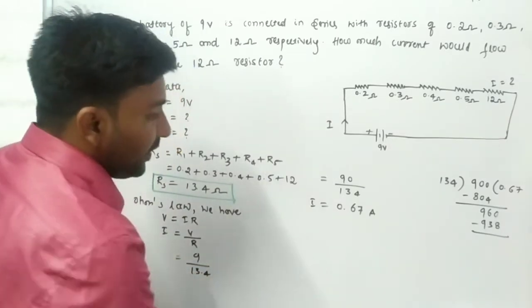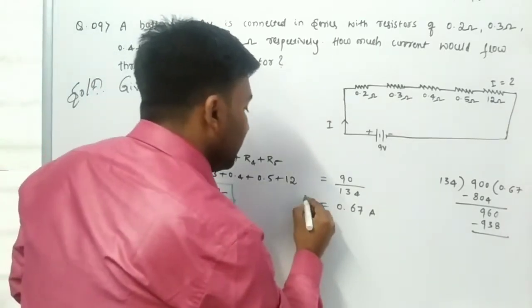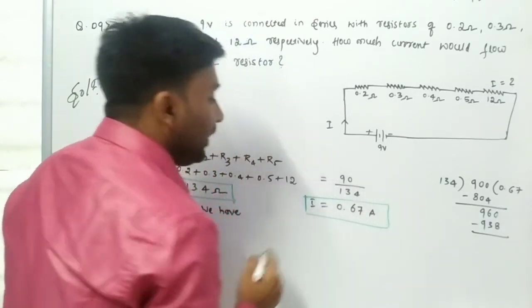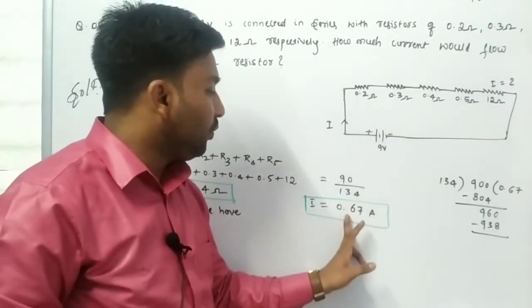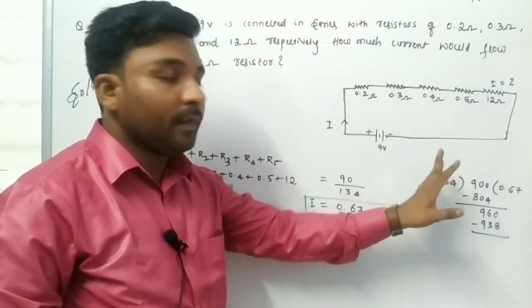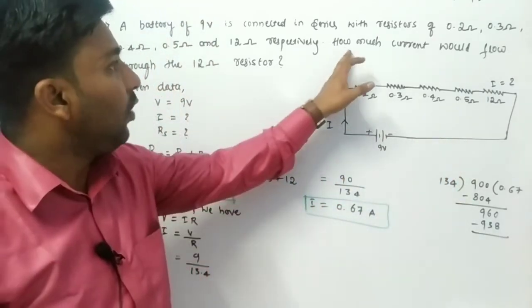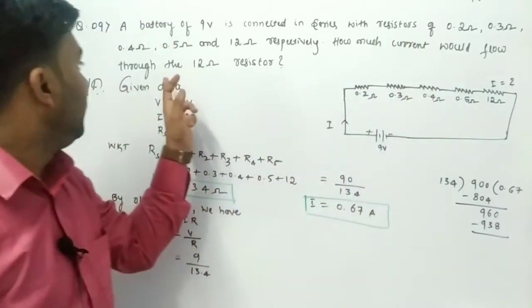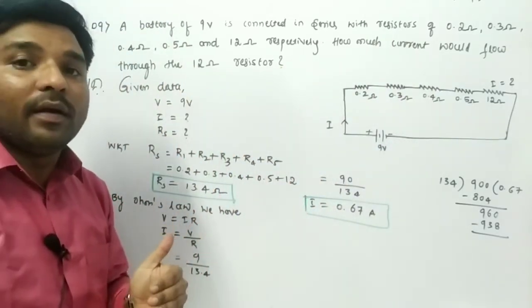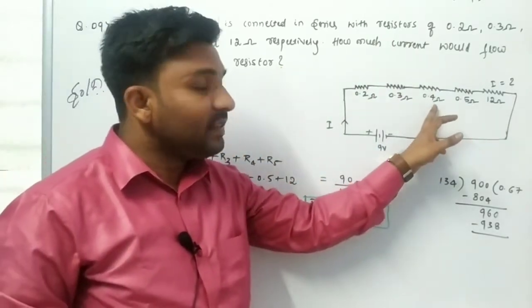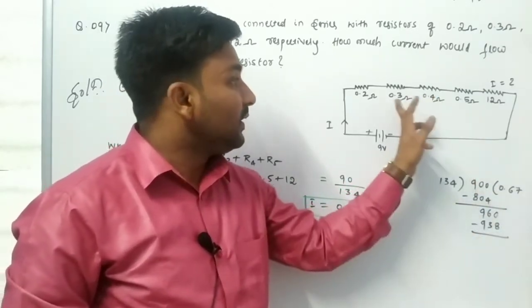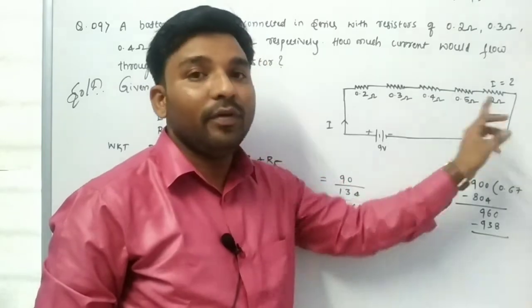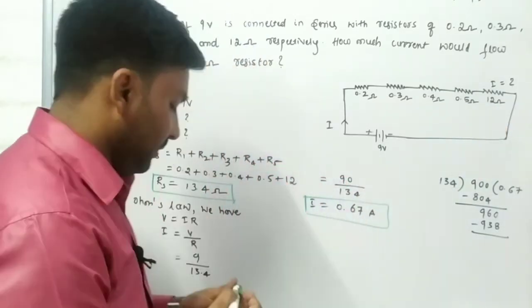So the current flowing in the circuit is 0.67 ampere. And here the question is how much current would flow through the 12 ohm resistor. As we know, as the resistors are connected in series, the same current will flow through each resistance.